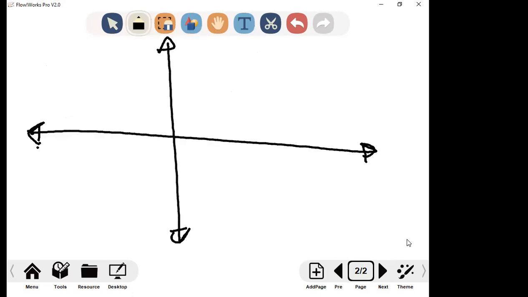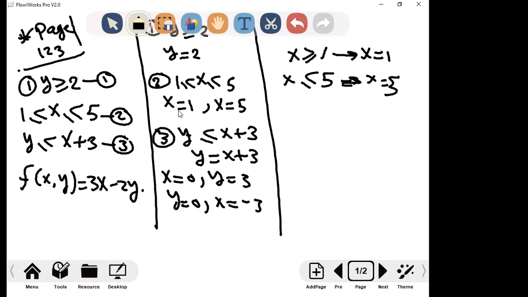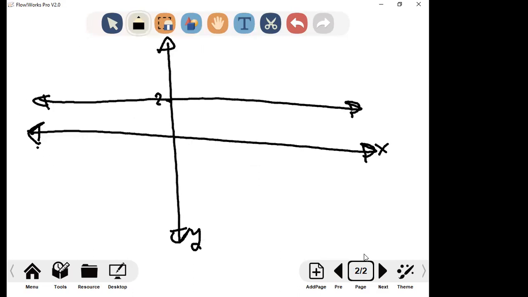So I will go to the 2 here. This is the 2 on the y-axis, and this is y equals 2, a straight line that cuts the y-axis at 2. The second one, the lines for x equals 1 and x equals 5. Before that, let's shade.